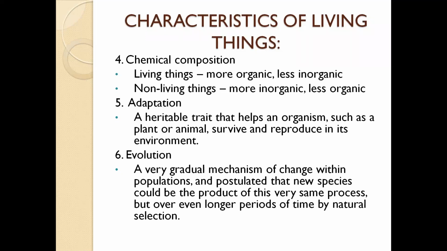Adaptation is a heritable trait that helps an organism such as a plant or animal survive and reproduce in its environment. So, for us humans, the adaptation that we have, or the heritable trait that helps us survive and reproduce, is our skin. So, for example, if you have a lighter skin tone, you are probably living in a more cool place, okay?